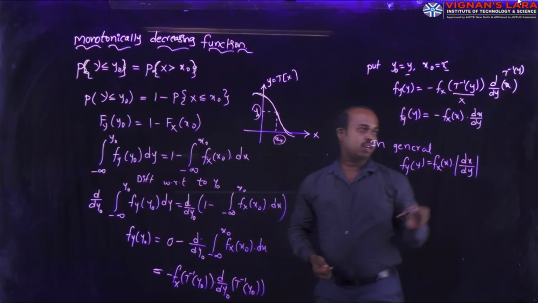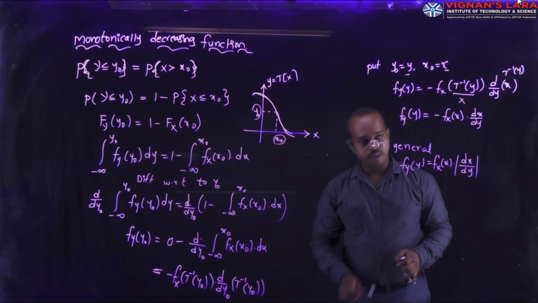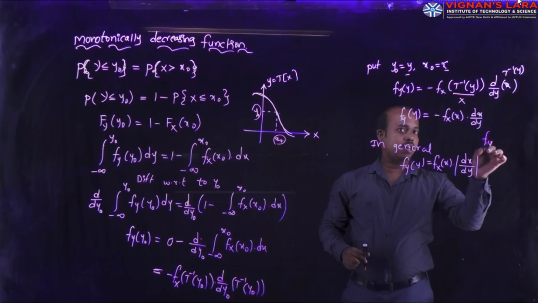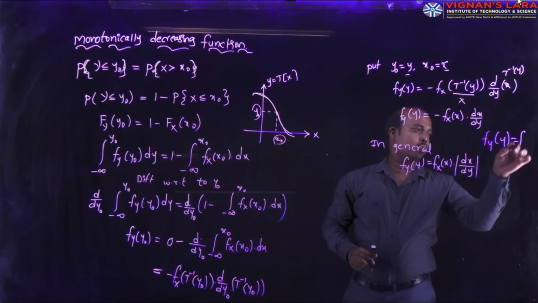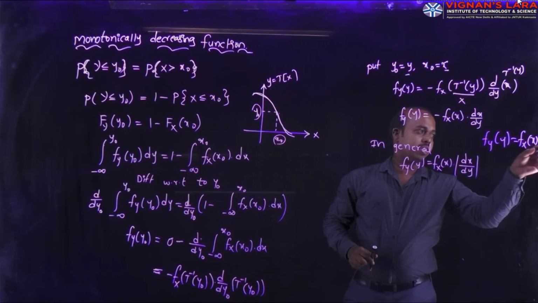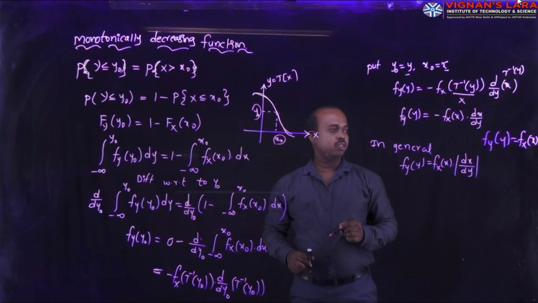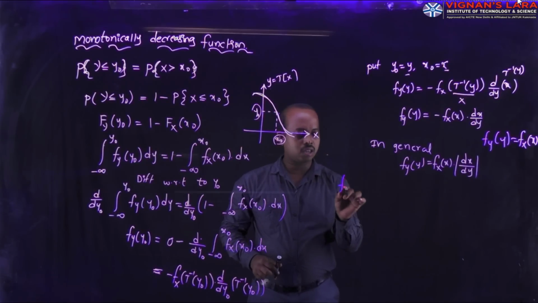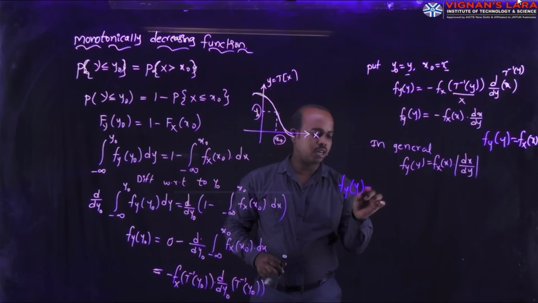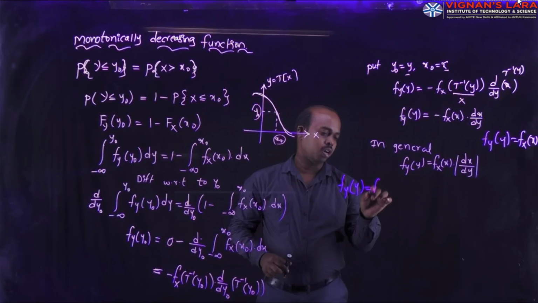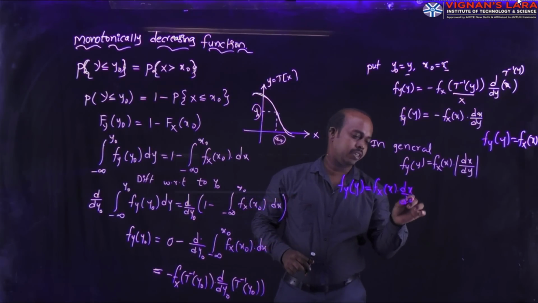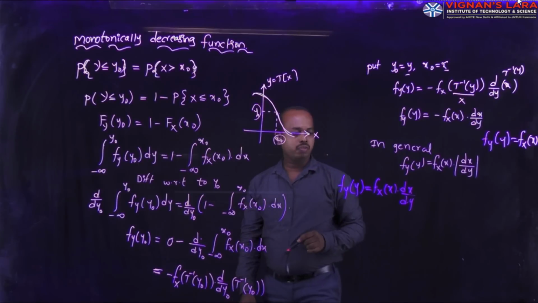But in the case of a monotonically increasing function, we obtained this formula: f_Y of y is equal to f_X of x into dx divided by dy. I am writing here, in the case of monotonically increasing, f_Y of y is equal to f_X of x into dx divided by dy.